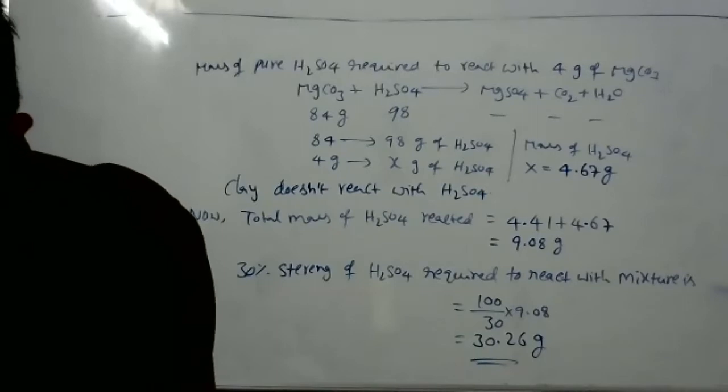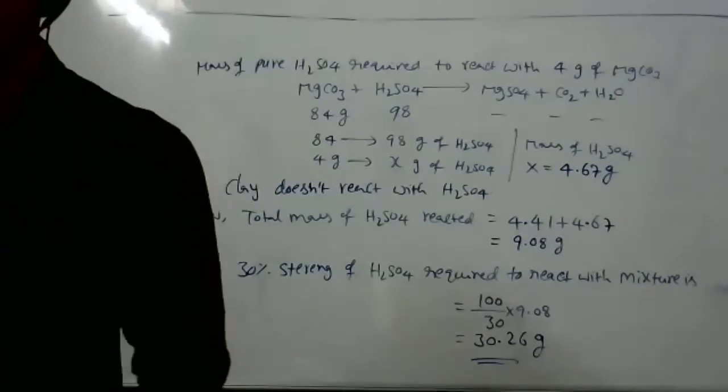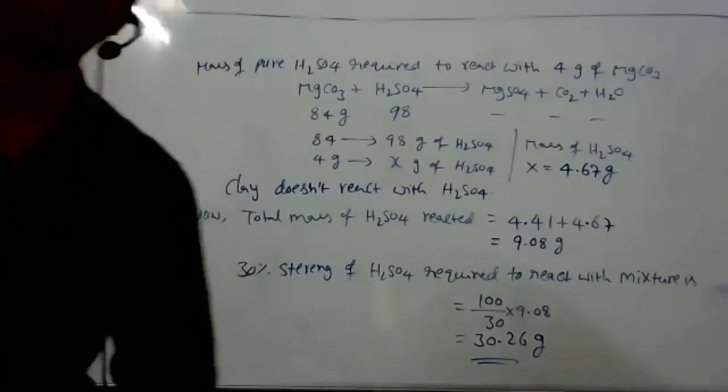First you calculate how much pure 100% H2SO4 is required to react with 7 kilograms of caustic potash.